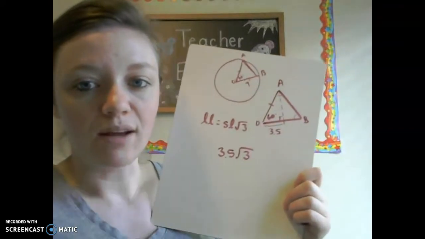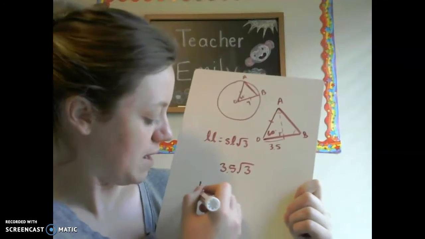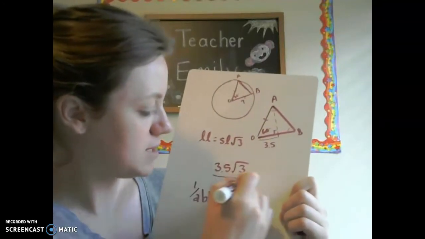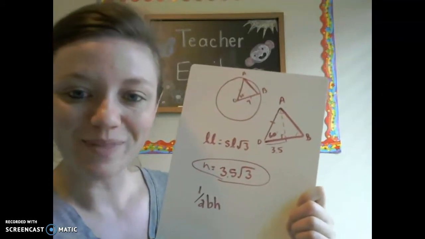Now to figure out the area of a triangle, you take 1/2 base times height. This is height. Oops, I did 3 dashes.